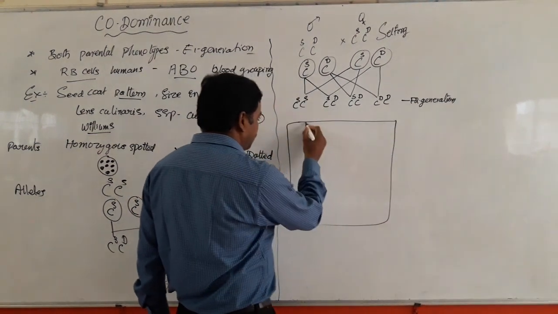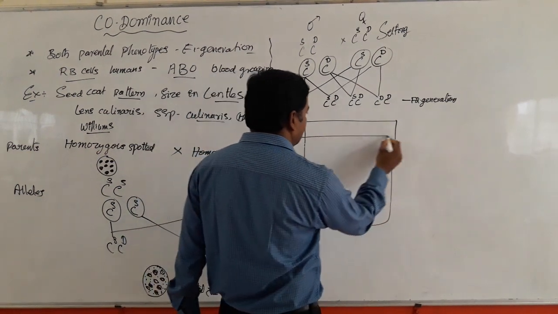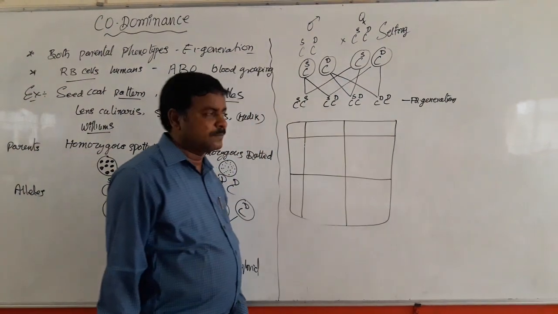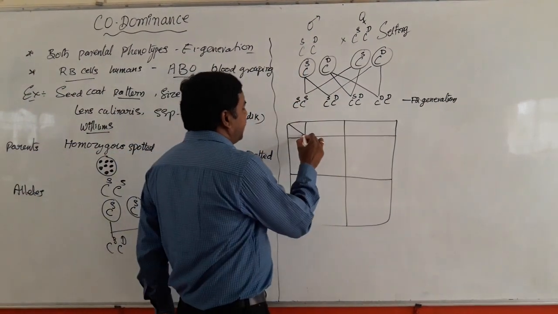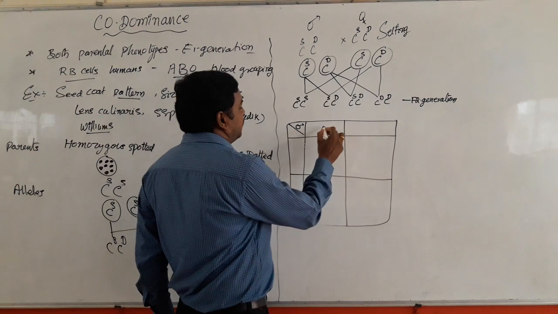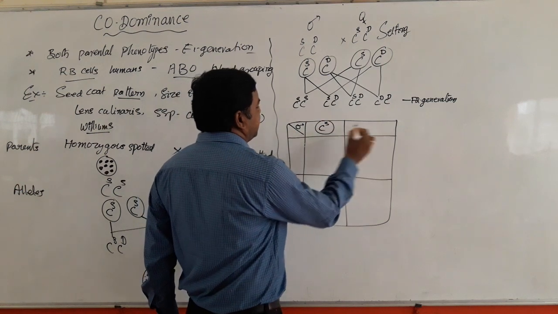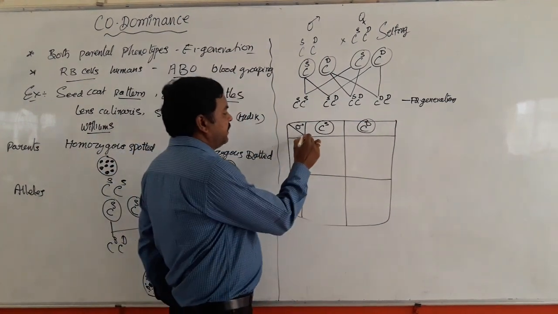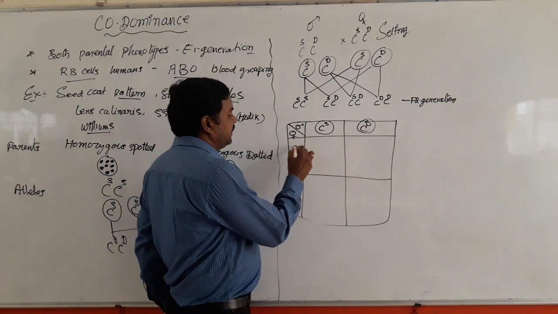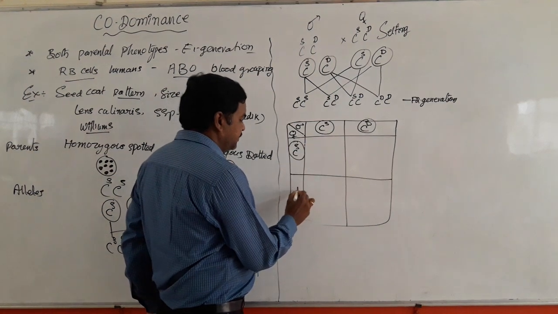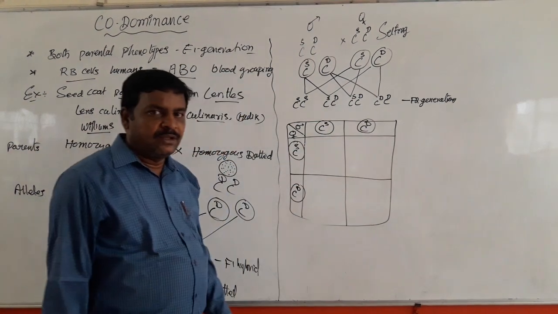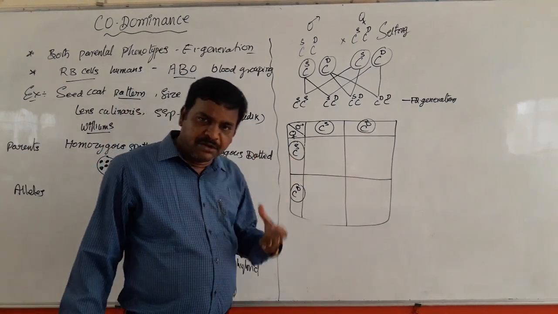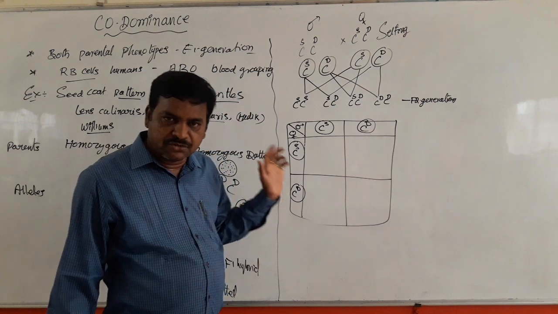Male gametes CS and CD are written on the top row. Similarly, female gametes CS and CD are taken in the left column. Now combine these gametes and find out the genotypes, phenotypes, and the phenotypic and genotypic ratios of this codominance.